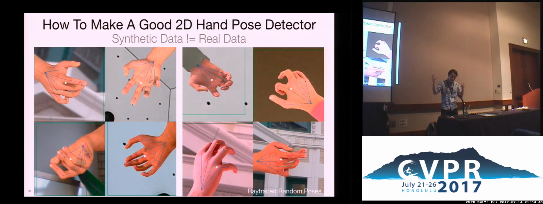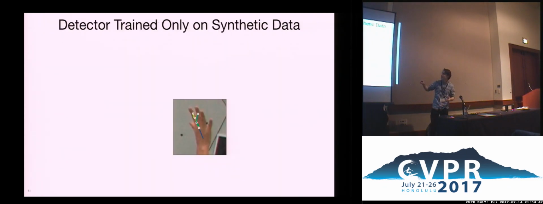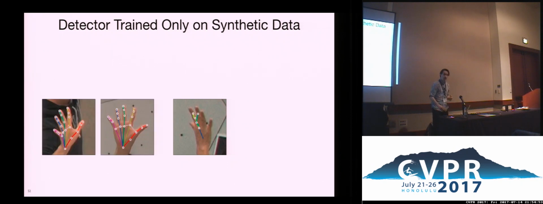Let's say we take a detector trained on this synthetic data and we run it on an image. It's not going to be a very good detector because they don't really match. But if you have a multi-camera system, you can have other viewpoints of the hand, and maybe some of those viewpoints are easy enough for the detector to work.